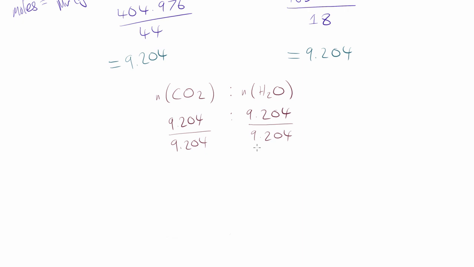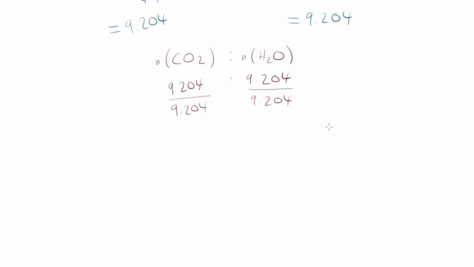Based on visual inspection, it's quite straightforward to figure out what that would come to, but you can have a go on your calculator if you need to. What you should get from that is a 1-to-1 ratio, right?